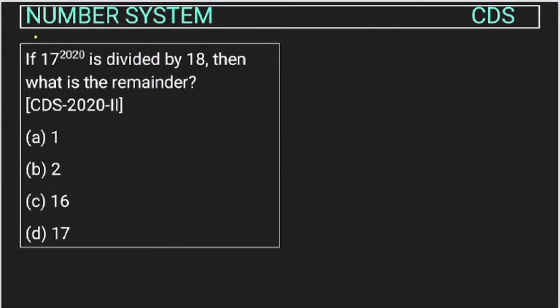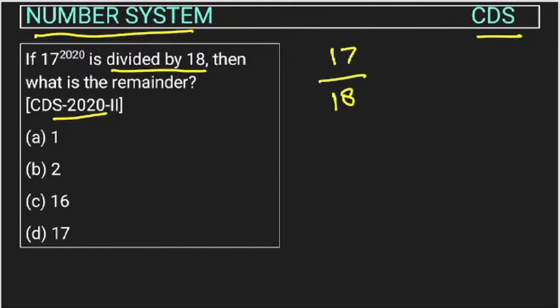Now this is a question from number system asked in CDS exam of 2020. Question 17: if 17 to the power 2020 is divided by 18, then we have to find the remainder. How do we solve this kind of question?